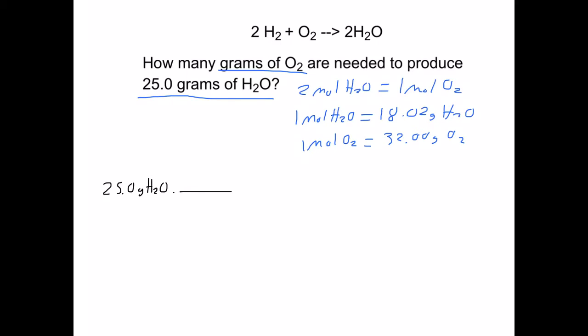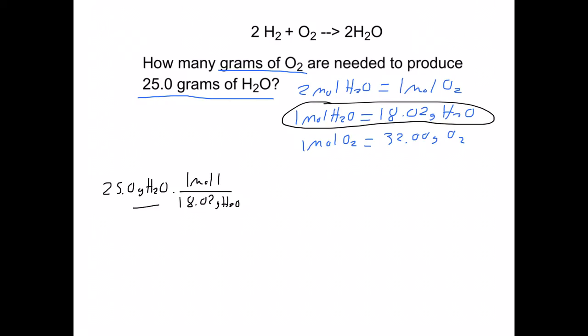Our first conversion will need to get rid of grams of H2O. The only conversion that we have over here that has grams of H2O is the molar mass. Grams of H2O will need to be on the bottom to cancel out, so 18.02 grams of H2O on the bottom, 1 mole of H2O on top.